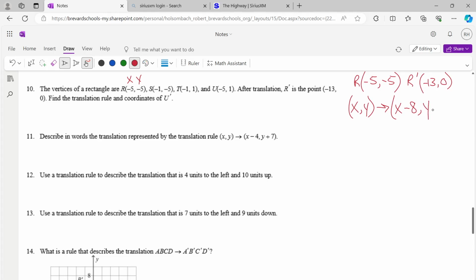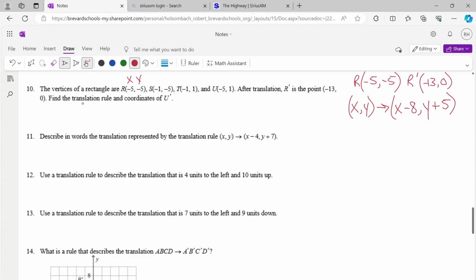Our y went from -5 to 0. So if you're at -5 on the y-axis and you go to 0 on the y-axis, aren't you going up 5? Okay, so our y went up 5.